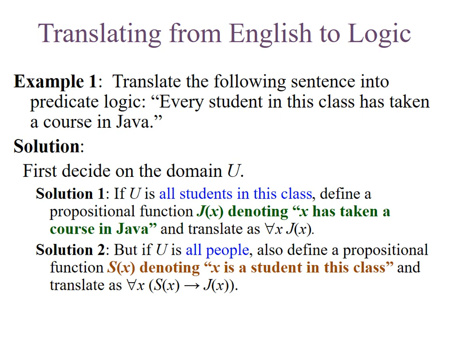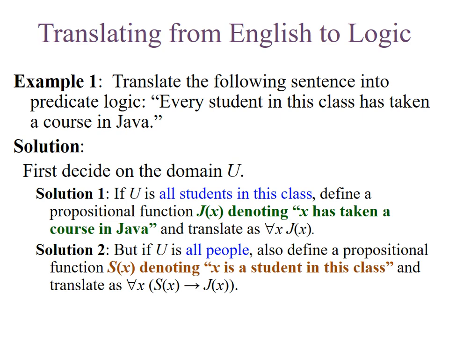So next we need to define different predicates, because we need students in this class and taking the course in Java. If the domain is all people, then we can define S of x as x is a student in this class, and J of x as x has taken Java.